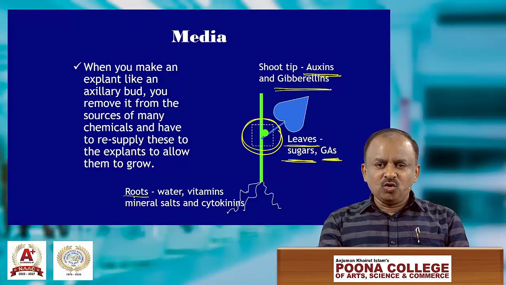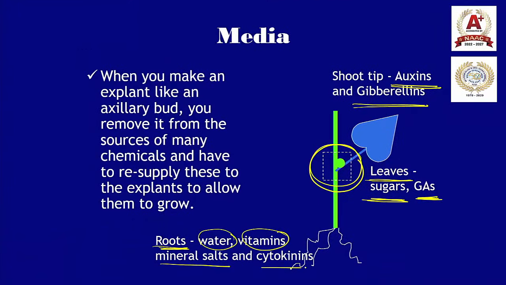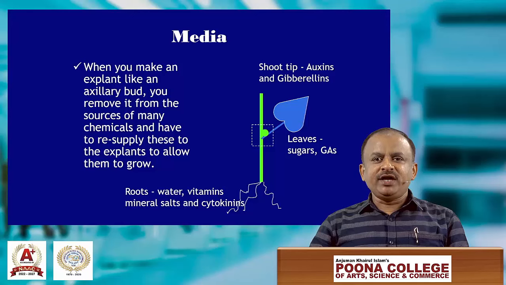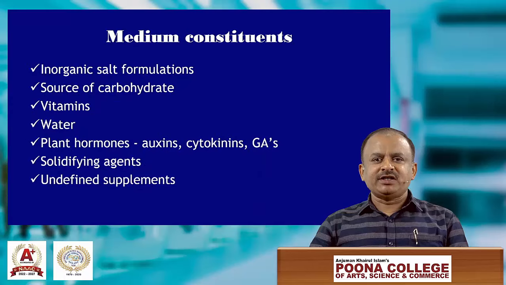As far as roots are concerned, water, minerals, mineral salts and cytokinins give response to the development of the roots. So this is regarding the response of the media. In media we have to add auxins, gibberellic acids, sugars, and water, minerals, mineral salts and cytokinins.